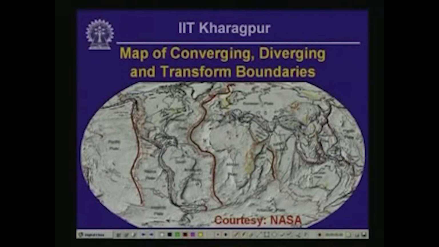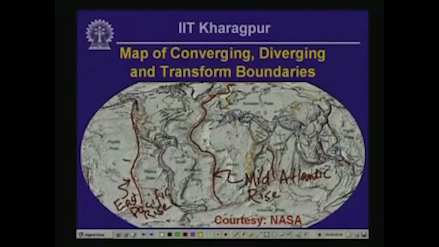So, for instance, the spreading rate at the East Pacific rise, this one here, that plate boundary is very similar in nature to the Mid Atlantic rise. East Pacific rise is this one, and this one here is the Mid Atlantic rise, which we have looked at earlier.